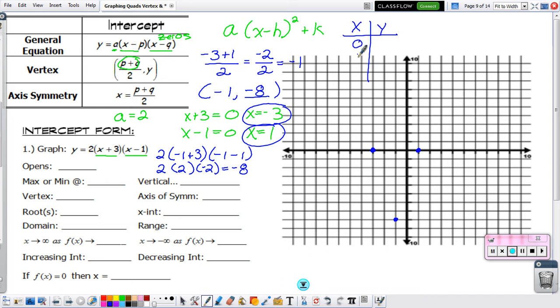So we have 0, 1, 2, 0, 1, 4. I'm multiplying everything by 2. That's going to give me a 2 and an 8. So that helps me get some accurate points for my graph instead of just using freehand. So I would go over 1, up 2. I could go over a negative 1, up 2. Now watch, when I go over 2, up 8, I am clearly at where my zeros are.